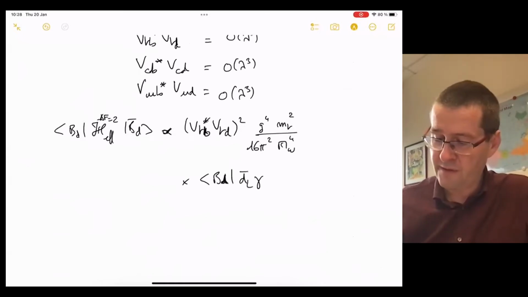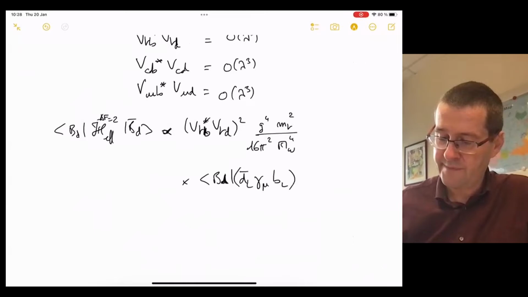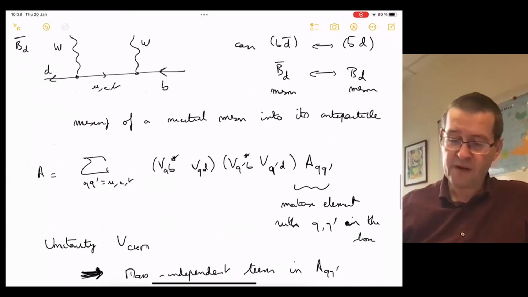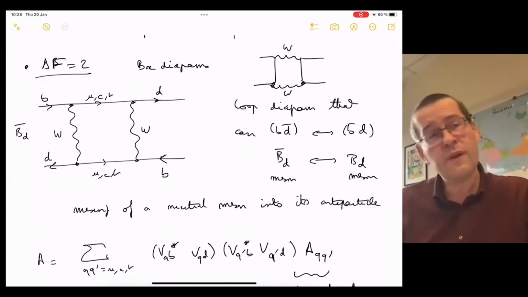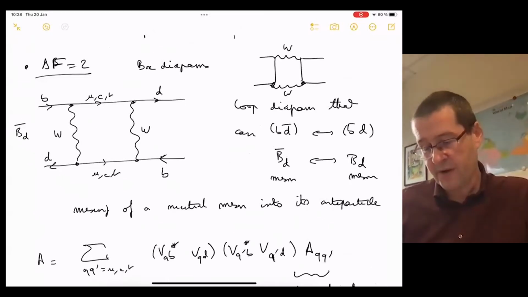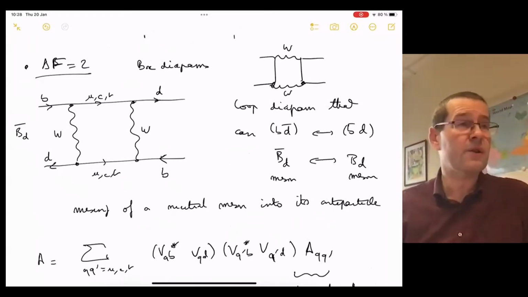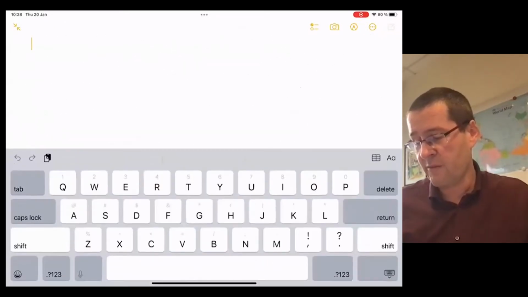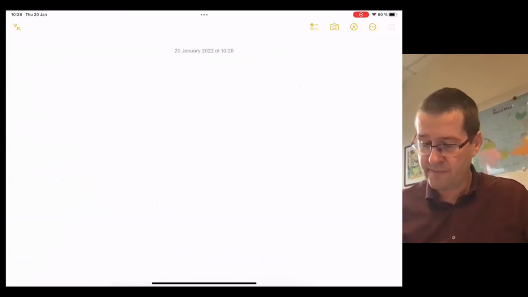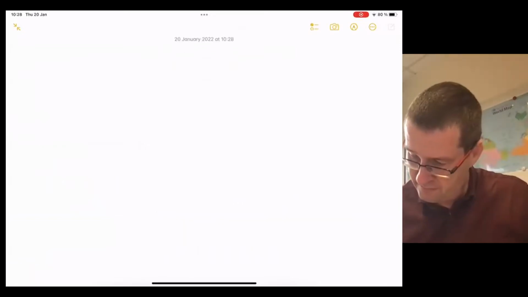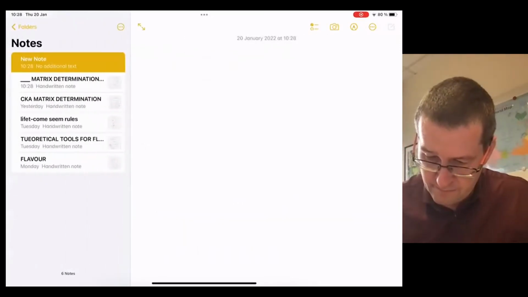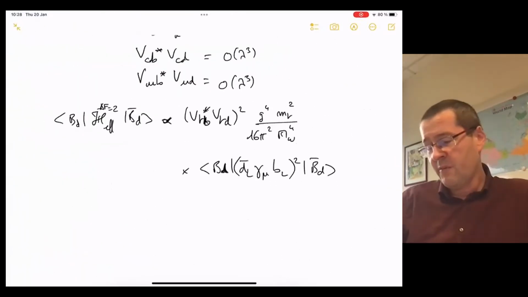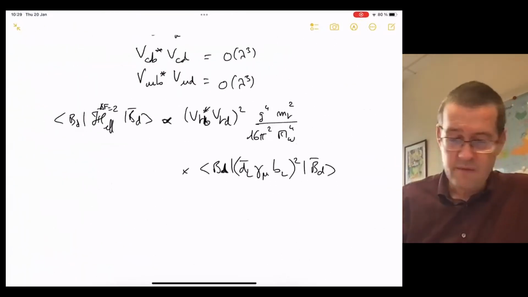There is a single operator that you have to consider, because you have an interaction with the W, which is always for the left-handed part, and then you have twice the same operator in order to decrease by 2 units the flavor concerning the b quark, and to increase the d quark number by the same amount.